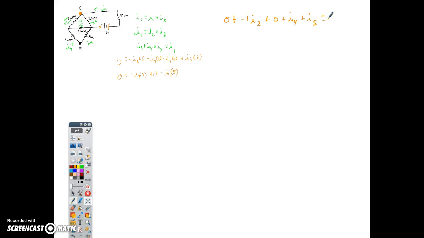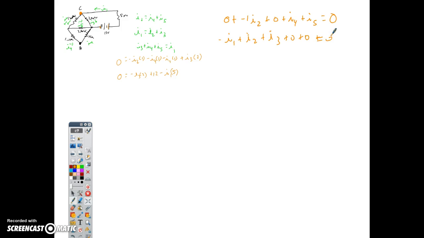I'm gonna go that way. And then I'm going to go -I1 plus I2 plus I3 plus 0 equals 0.